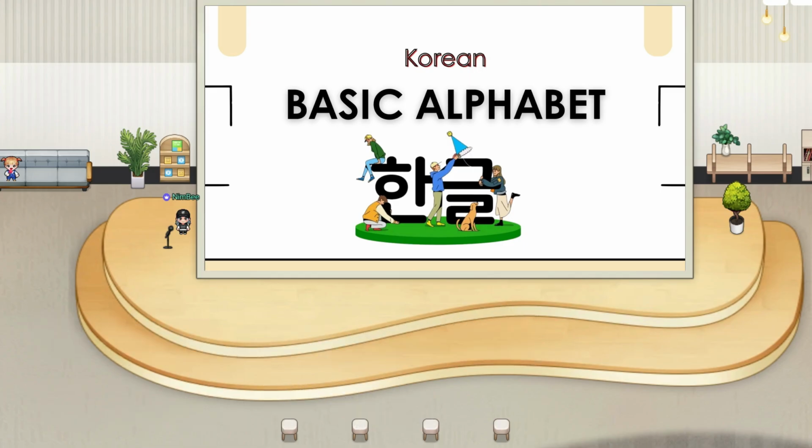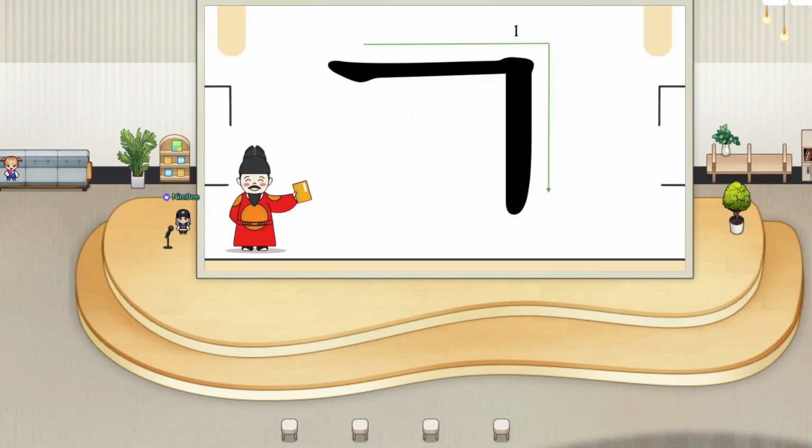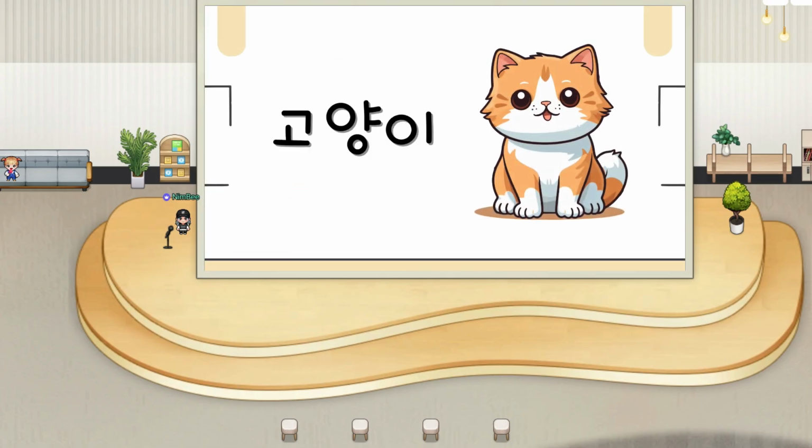Okay guys, let's start with the 14 consonants. Our first letter to learn is 기역, and it sounds like the K or G in English. Now that we know how to write it, let's check out some examples. The first example is 고양이, which means cat.